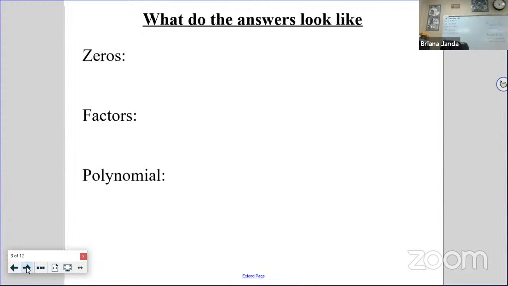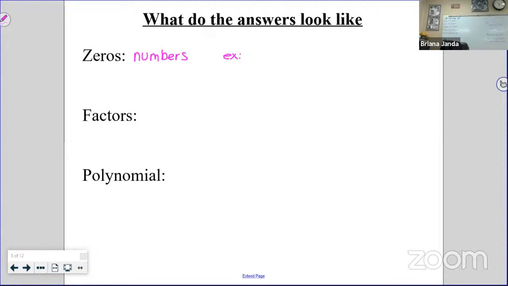And so what happens is we get a lot of these vocab words going on: zeros, factors, polynomials, and remembering what our answer even looks like if that is the question. So just kind of sitting them all side by side, because these tend to be our questions. Just a reminder that zeros look like numbers, right? So if the question is what are the zeros, our answer would just be a list of numbers.